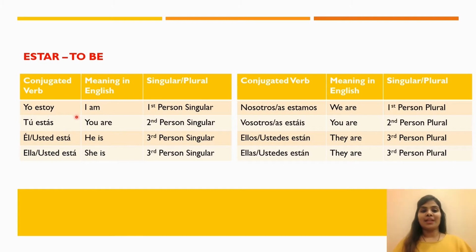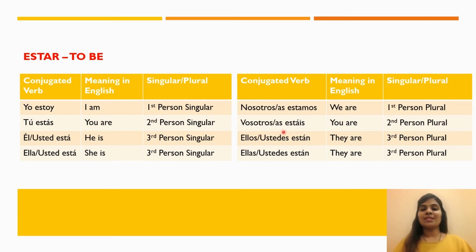Yo estoy. I am. Tú estás. You are. Él or usted está. He is or you are. Ella está. Usted está. She is or you are. Nosotros, nosotras estamos. We are.